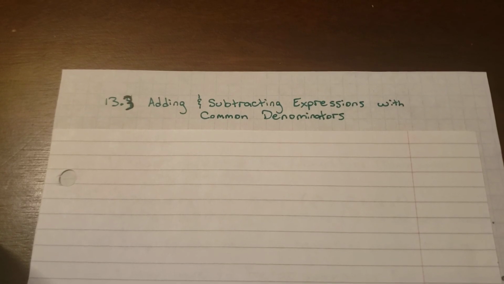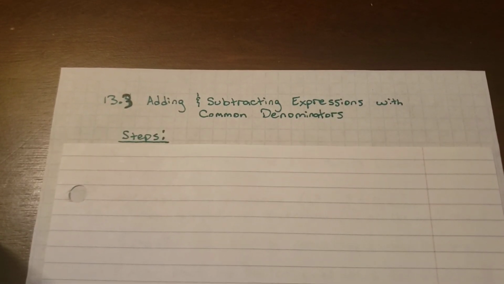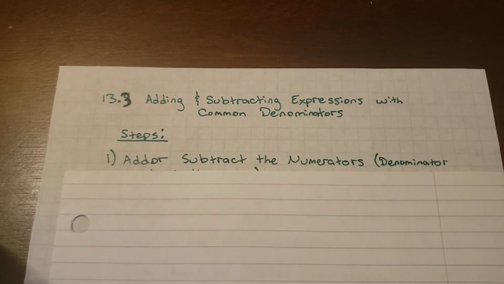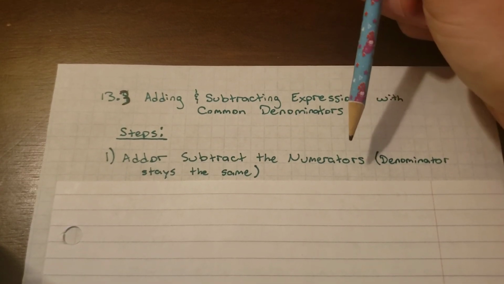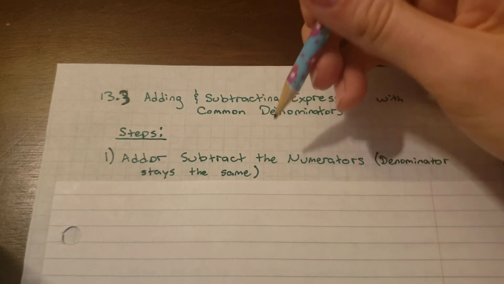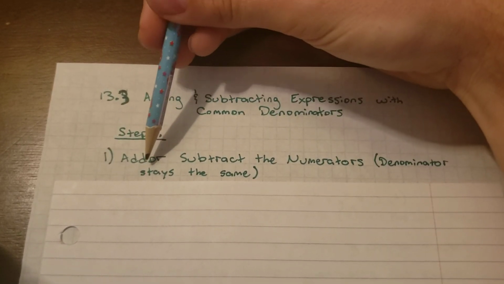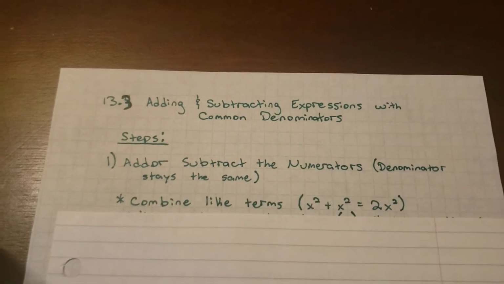And what's nice is these are a lot like fractions. So the steps for adding and subtracting fractions: you add or subtract the numerators, and of course, the denominators stay the same. Now, that should say add or, right? A couple things to keep in mind.